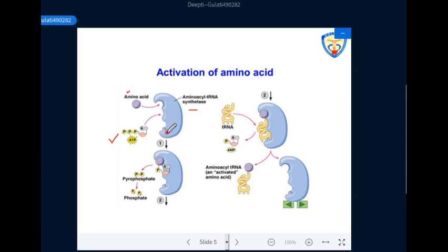And the third is for the attachment of the transfer RNA molecule. In the first step, the amino acid attaches to its site. ATP also attaches to its site, and ATP hydrolysis takes place and pyrophosphate is released. So a molecule of AMP remains attached to the enzyme.